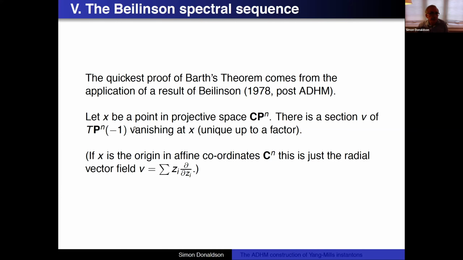This is essentially a very familiar thing. If we took affine coordinates, so we took Cn sitting inside CPn, then this V would appear as an ordinary vector field, the radial vector field, the sum of z_i d/dz_i, the field which generates radial dilations. So the effect of twisting by -1 when you go to the projective space is to make it non-vanishing at the hyperplane at infinity.